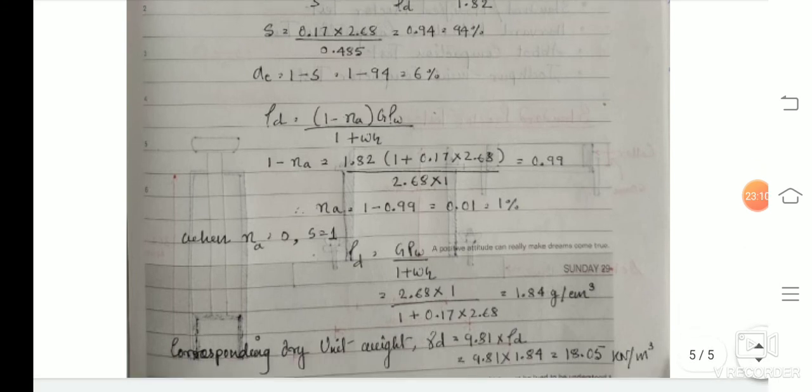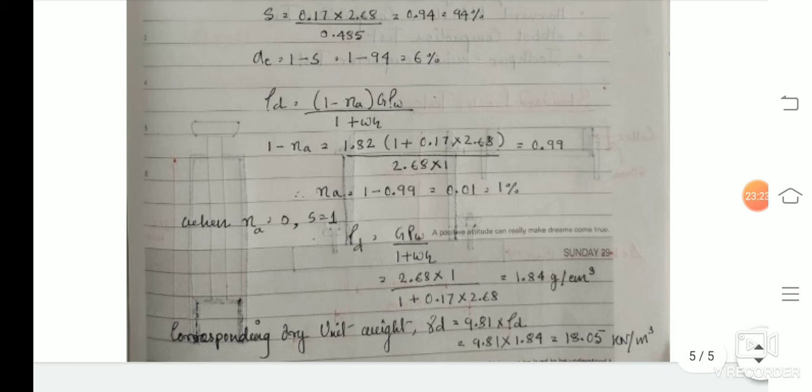Next, we are coming to the value of percentage air voids. Here we have another formula, rho d equals (1 minus Na) G rho w divided by 1 plus wG, as we have studied in the previous compaction chapter.